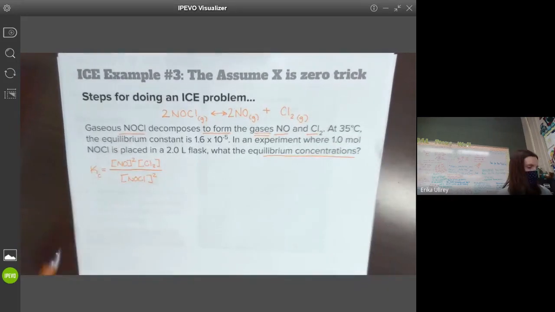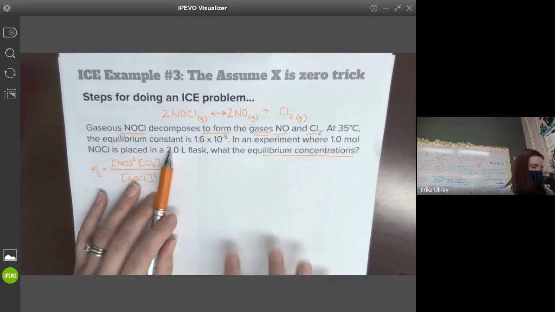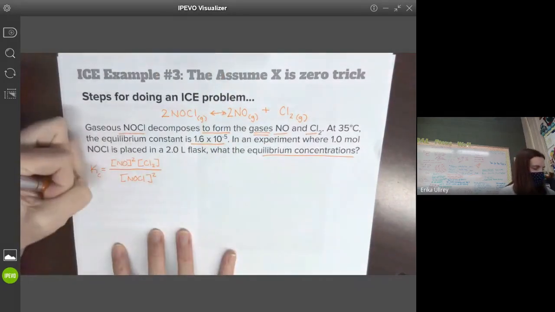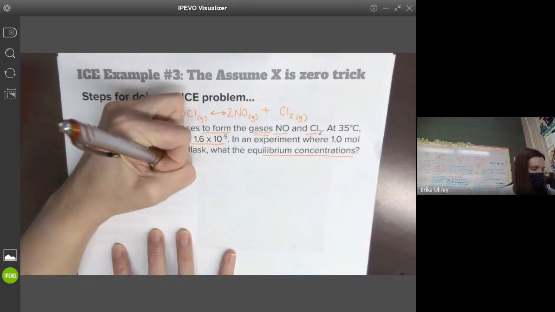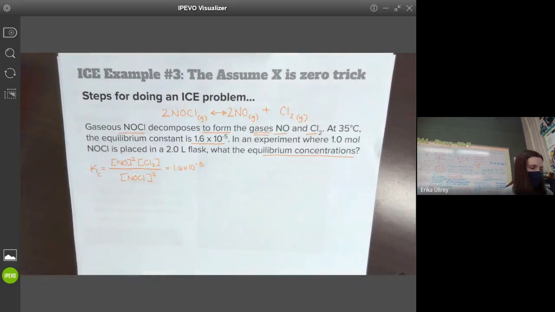So we're going to look at this problem, and it says at 35 degrees, the equilibrium constant is this. So we have our K value. We know that K is equal to 1.6 times 10 to the negative fifth, right? It tells us our K value.